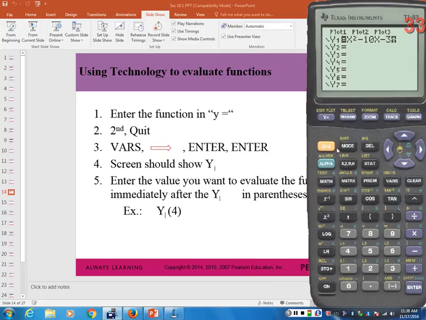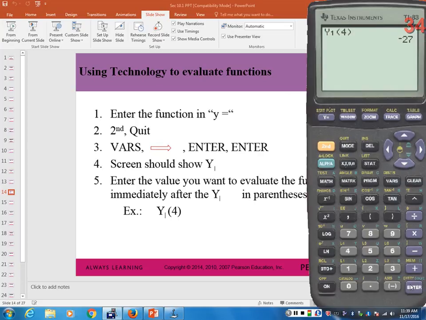Then we're going to hit second and mode to quit, and press the vars key. That's where your variables are. We're going to go over to the y variables and choose function and go to y1, because we just put that equation in y1. And then you enter the value that you want to evaluate in parentheses. So in our case, we wanted to evaluate that function at 4.